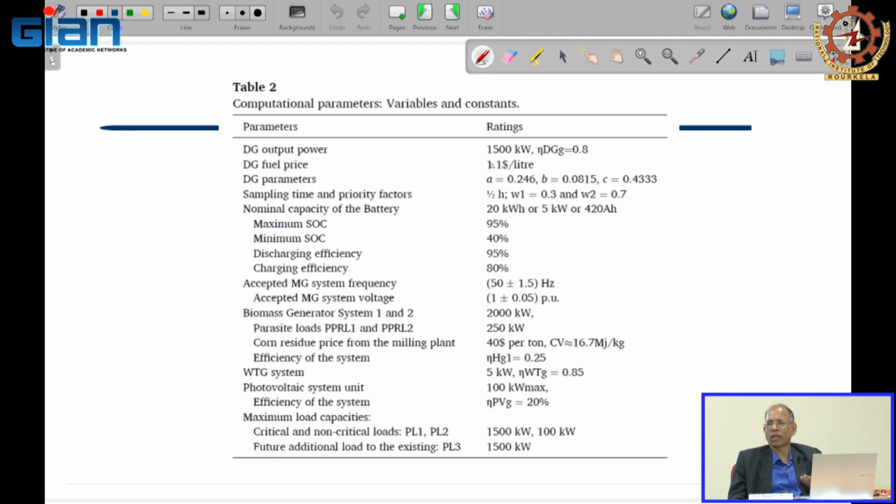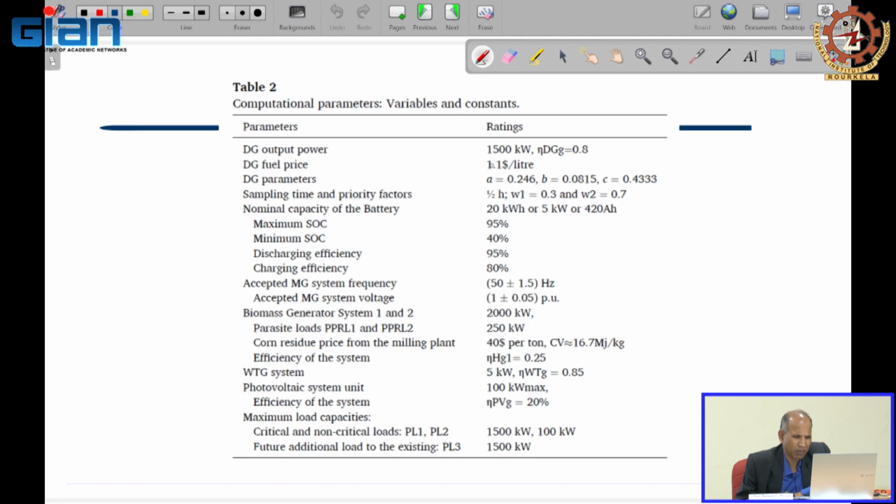You have to model it. Maybe some factors you have to consider, like the speed, how much it speeds up and down. So you have to consider factors on which the fuel consumption will depend. In the same way, for the diesel generator, how much fuel consumption there will be, you have to model with a proper equation.